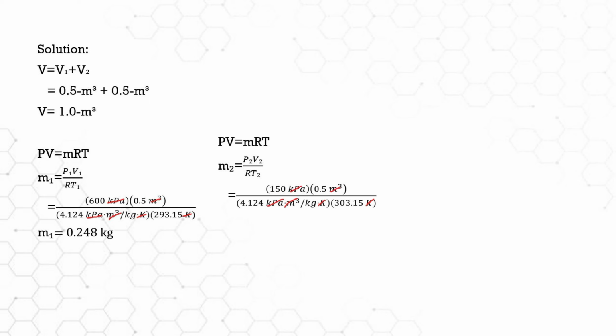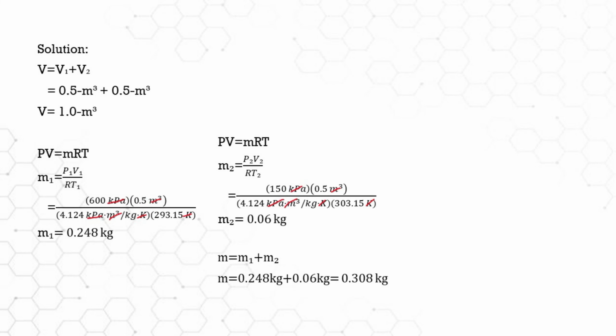Crossing out the same units, we have 0.06 kilogram as the mass of hydrogen in tank 2. Next, we need to sum up all the mass of our hydrogen. We have 0.248 kilogram in tank 1 and 0.06 kilogram in tank 2. So in total, we have 0.308 kilogram.